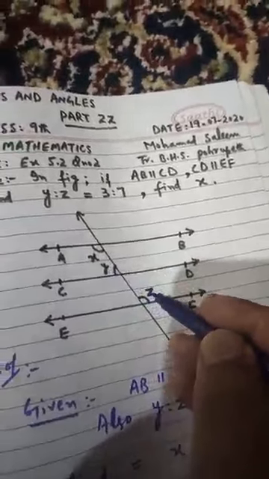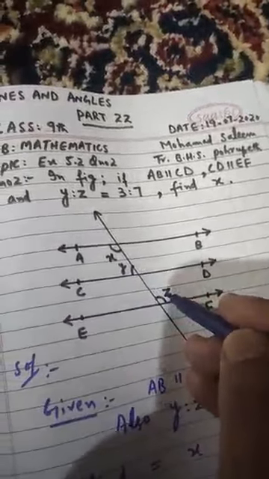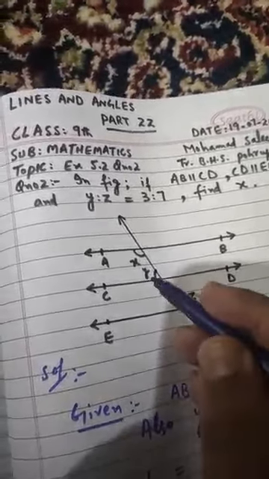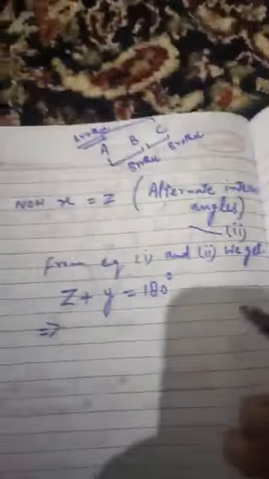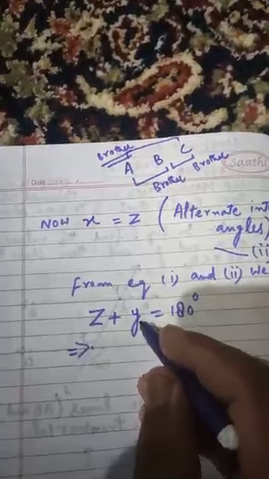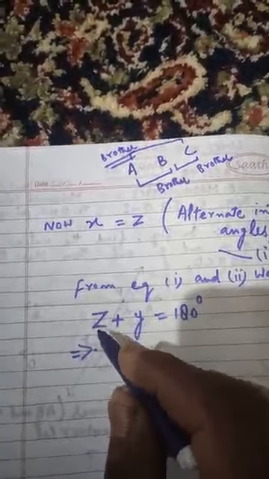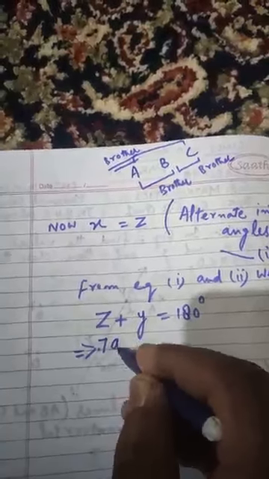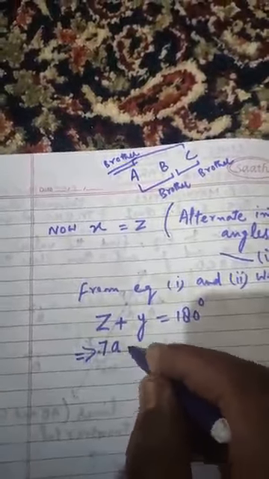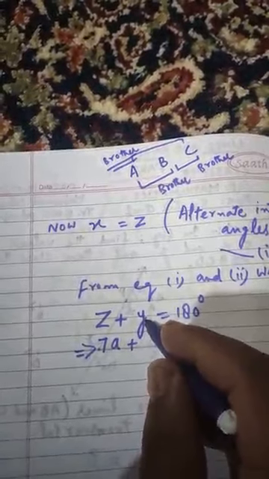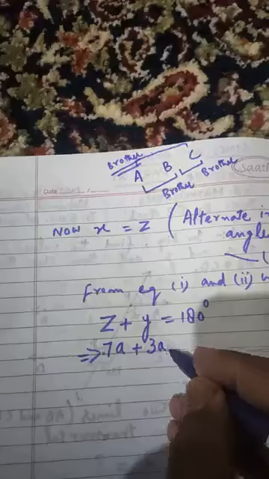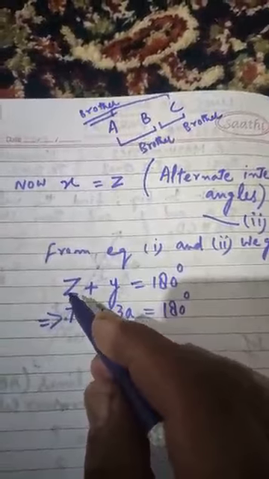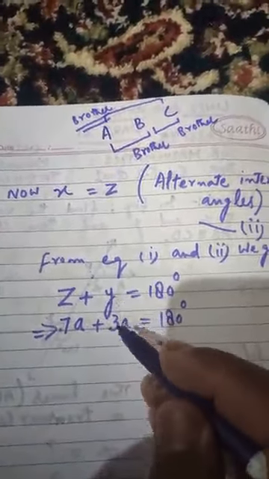Their sum is known to us, and their ratio is also known to us, that is 3:7. So in place of y we can write 3a, and in place of z we can write 7a, because z has 7 parts and y has 3 parts.